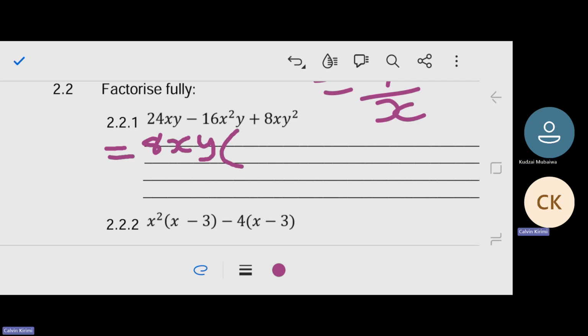So what are you going to put in the bracket? 8xy bracket 3, minus 2, plus 1.